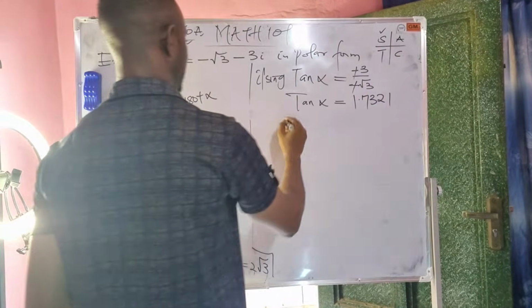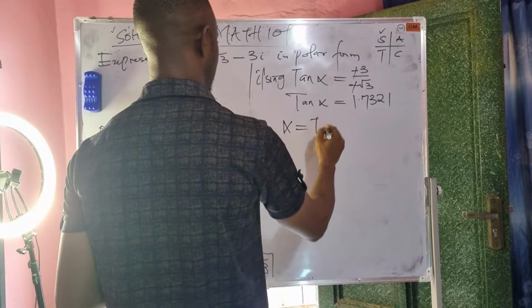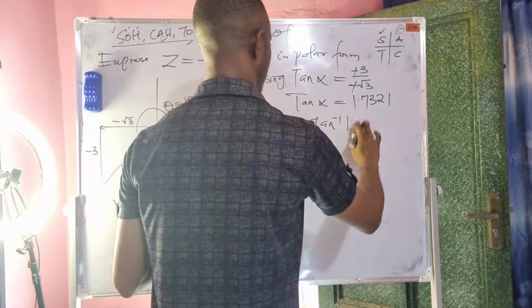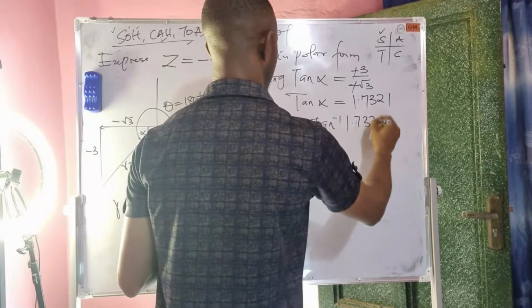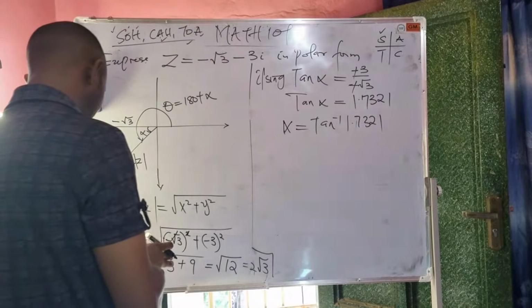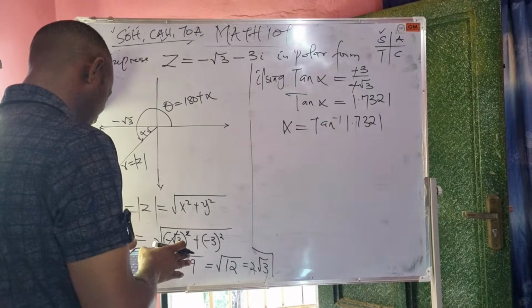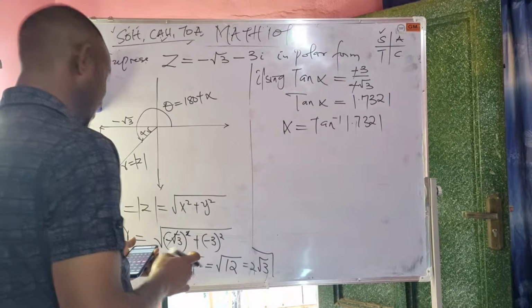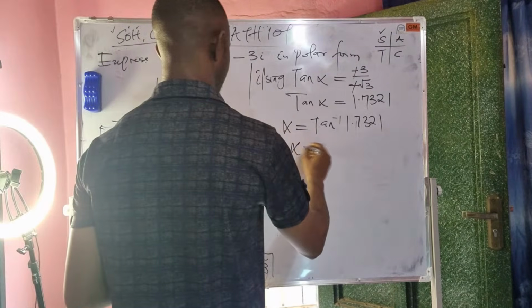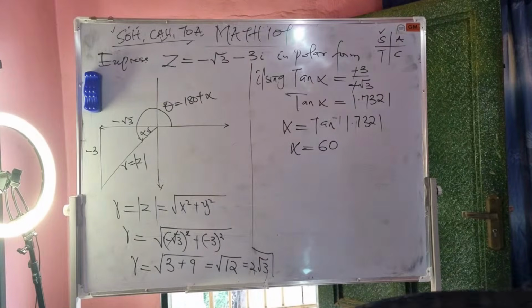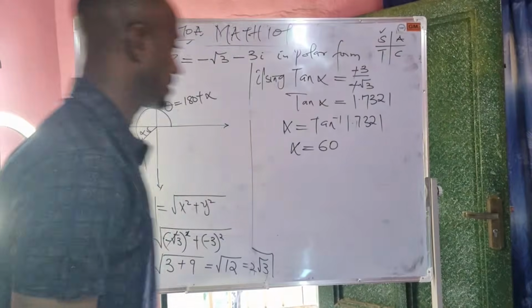So from here, you can see that alpha equals tan inverse of 1.7321. Let's look at tan inverse of this, shift and tan inverse of the answer. That will give us about 60 degrees. So alpha is equal to 60 degrees. That's the value of our alpha.